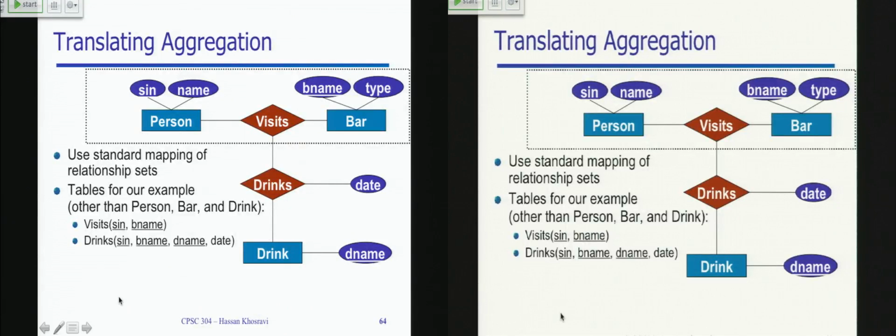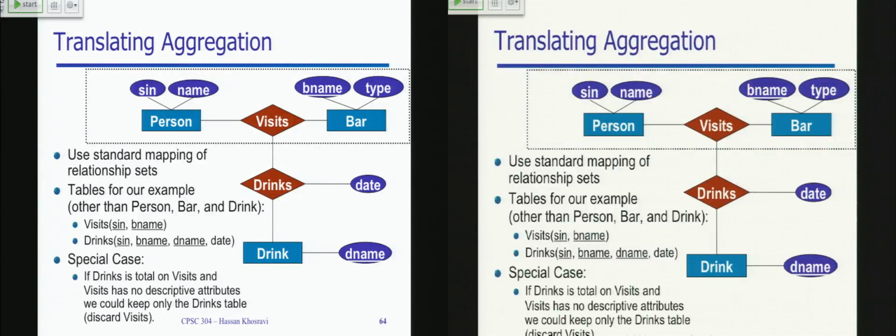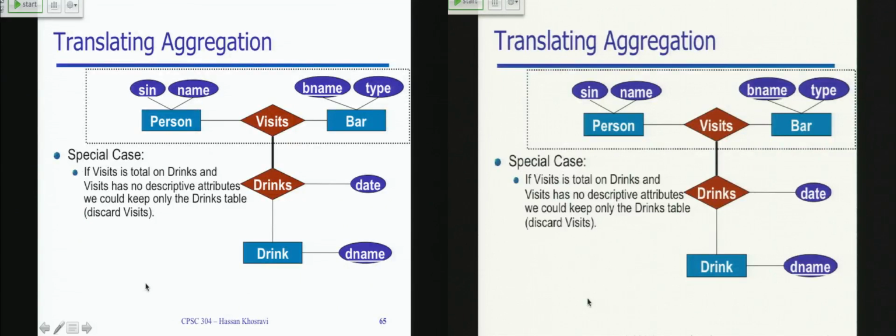Any questions? Now, if it's the case that whenever you make a visit, you buy a drink, then we can get rid of this visit table and just keep the drinks table, and that will capture everything.